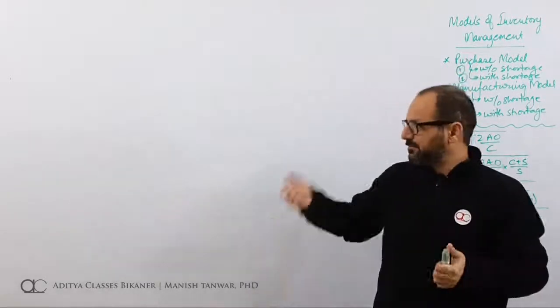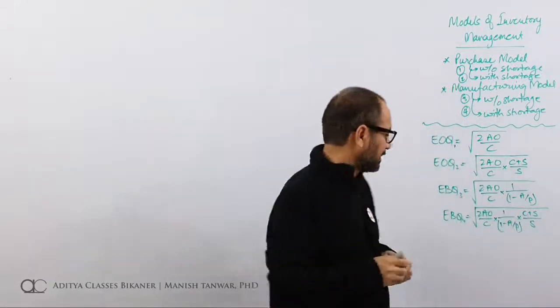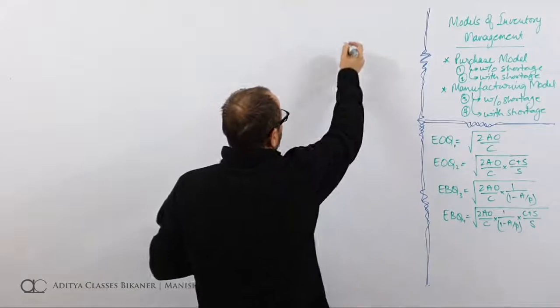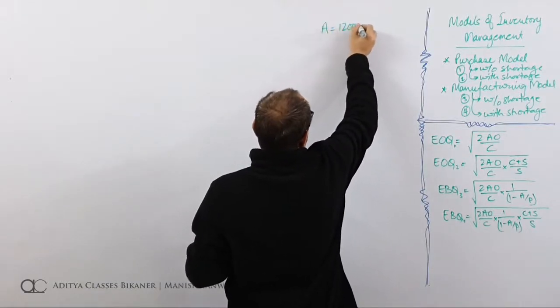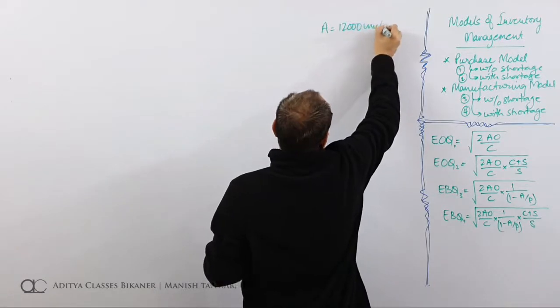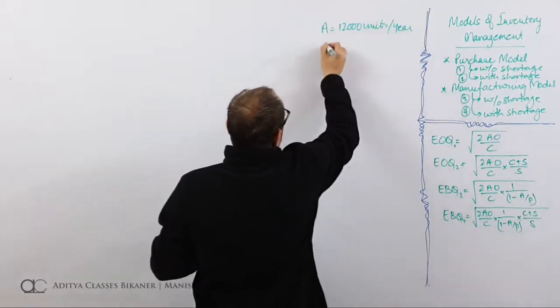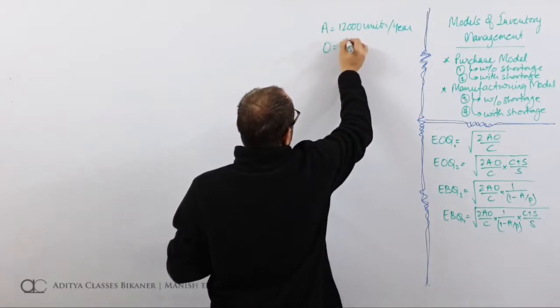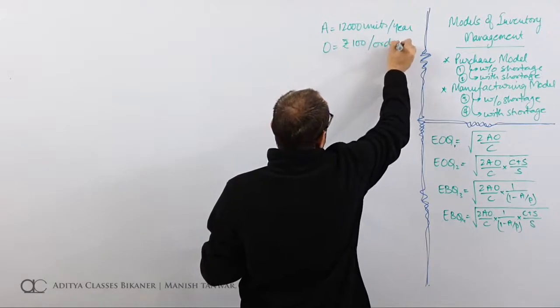Now let us extract the information given in this question and then we'll see which is this particular model. Let us jot down that information. Demand is 12,000 units per year. Ordering cost is rupees 100 per order.